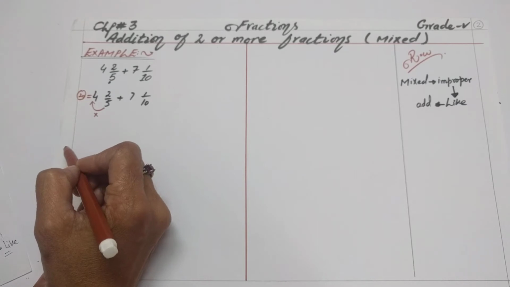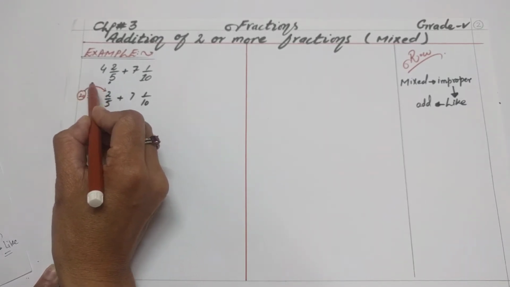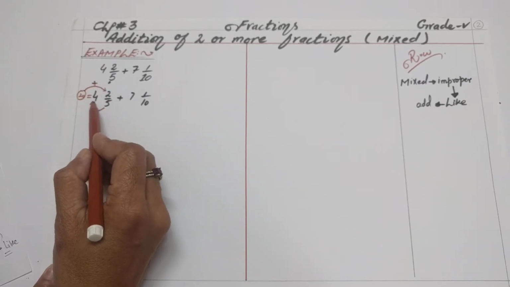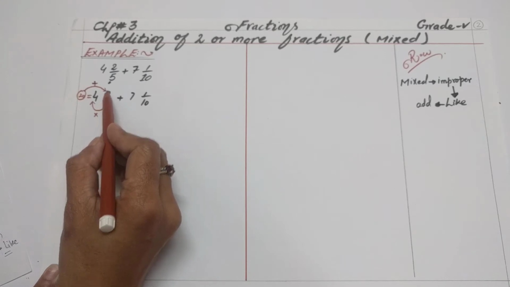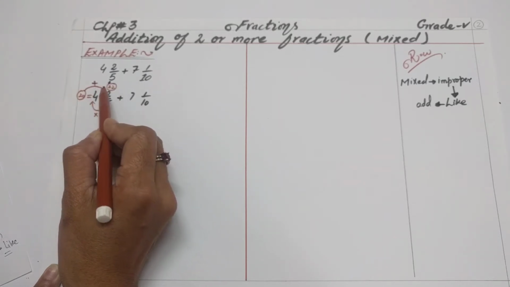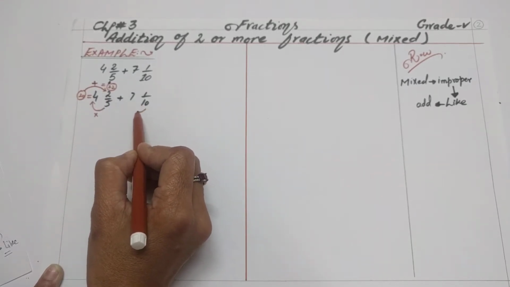Then we add this result to the numerator: 20 plus 2 is equal to 22.